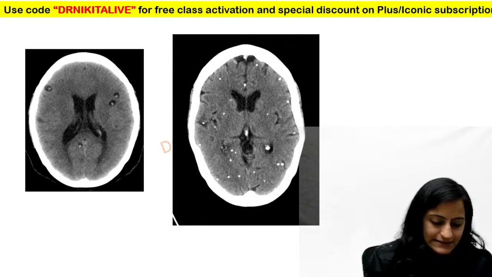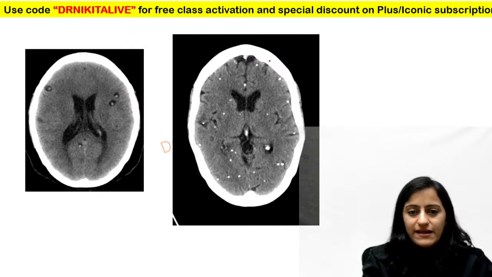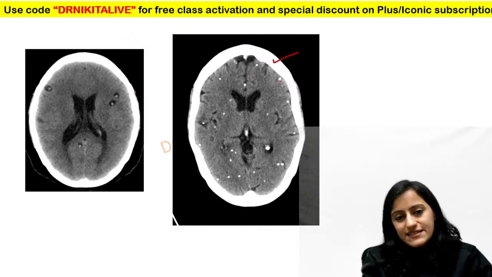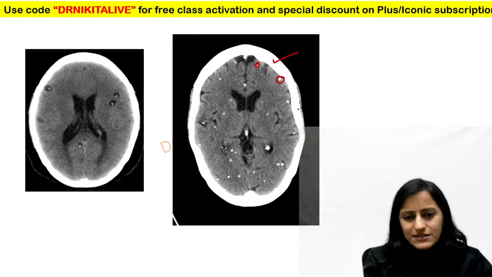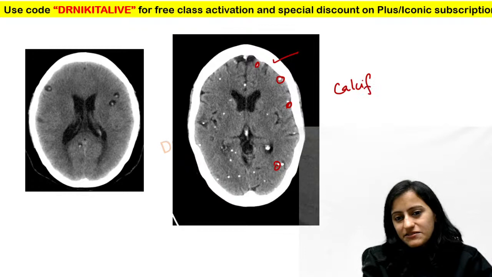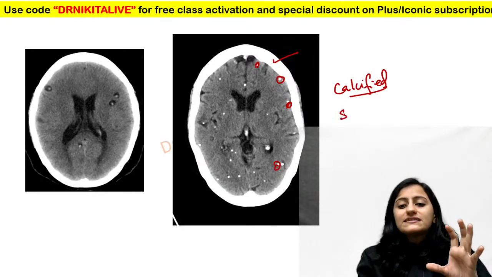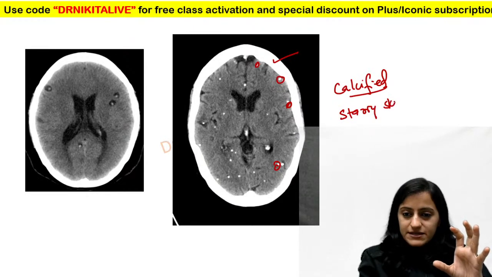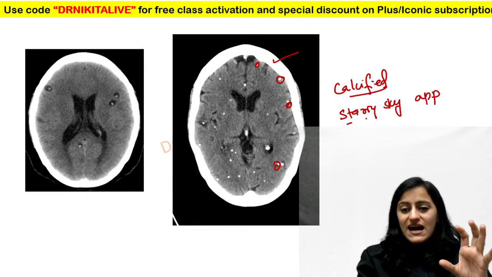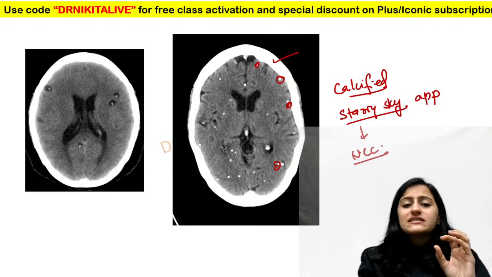Yes, this is neurocysticercosis. First look at this image. This is the CT scan. You can see all these white lesions which are there. White lesions are calcified lesions. The multiple white lesions give the starry sky appearance. This is the starry sky appearance, which is seen with neurocysticercosis.